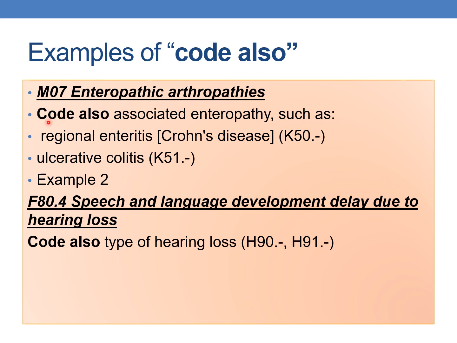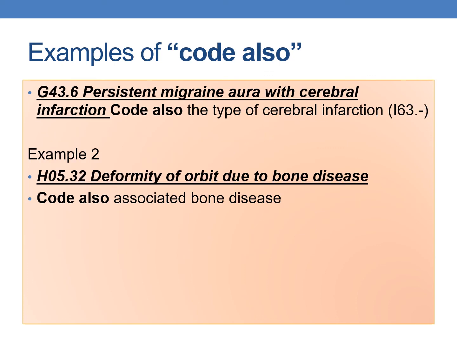That is why it is indicated with cross-reference note code also. Another example is F80.4, speech and language development delay due to hearing loss. So we also need to code the type of hearing loss to complete this code. That is why it is indicated with code also.